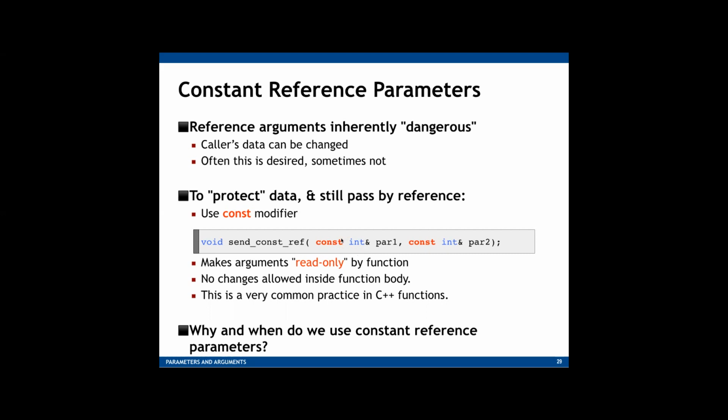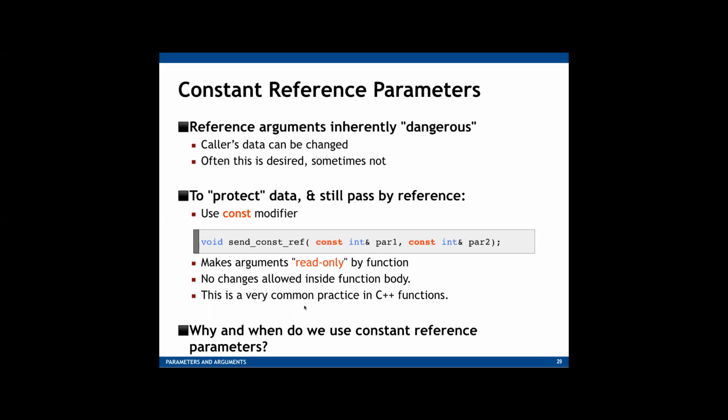So this makes arguments read-only for functions. No change is allowed inside the function body, even though this is a reference parameter. This is a very common practice in C++ functions. You will see a lot of these const keywords when you are looking at C++ open source projects.